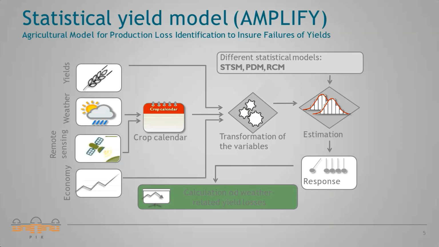So we select only the weather information and the remote sensing satellite information from over the growing season, which are then added in the model and transformed. And the model itself gives us some response on a crop yield loss or an average year.